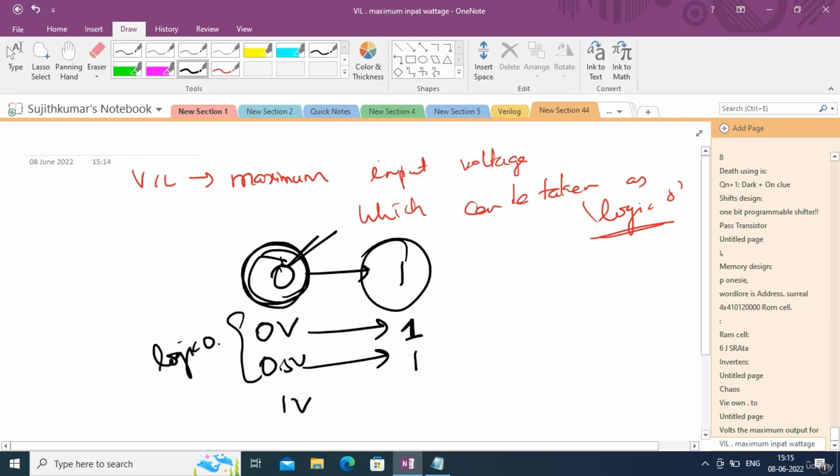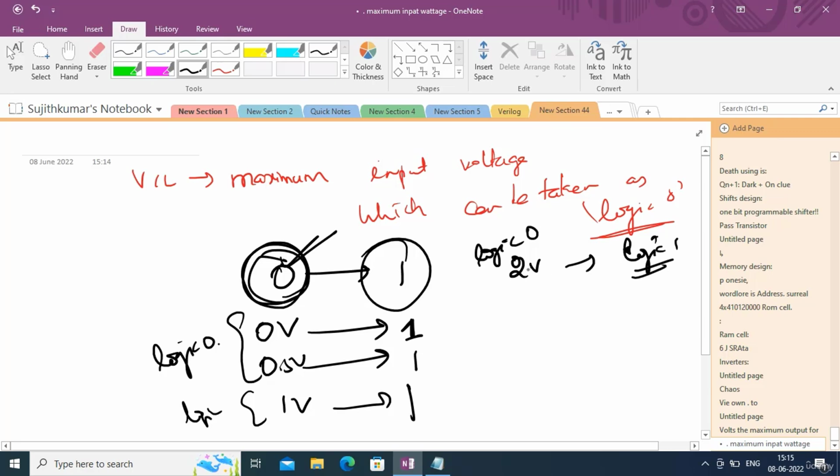If I apply 1 volt, it will again be considered as logic 0, and I'll get logic 1 as the output. If I apply 2 volt, it will again be considered as logic 0, and I'll get logic 1 as the output. So up to which voltage I can apply that will be taken as logic 0?